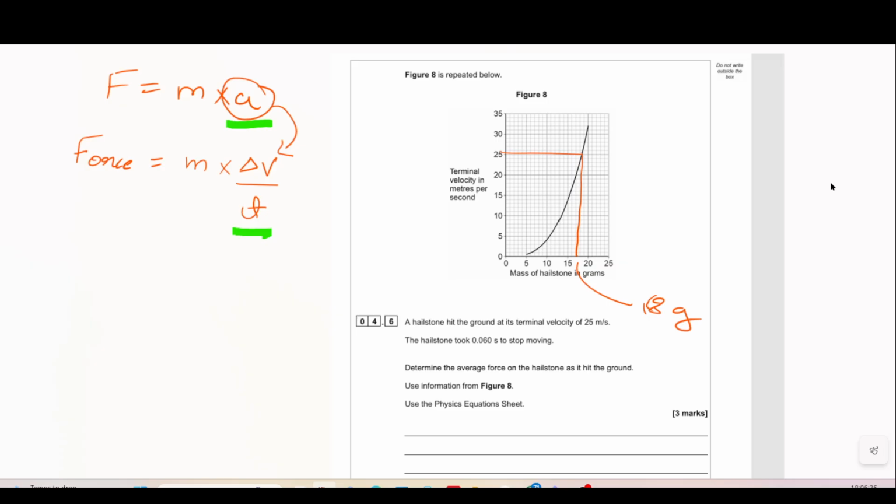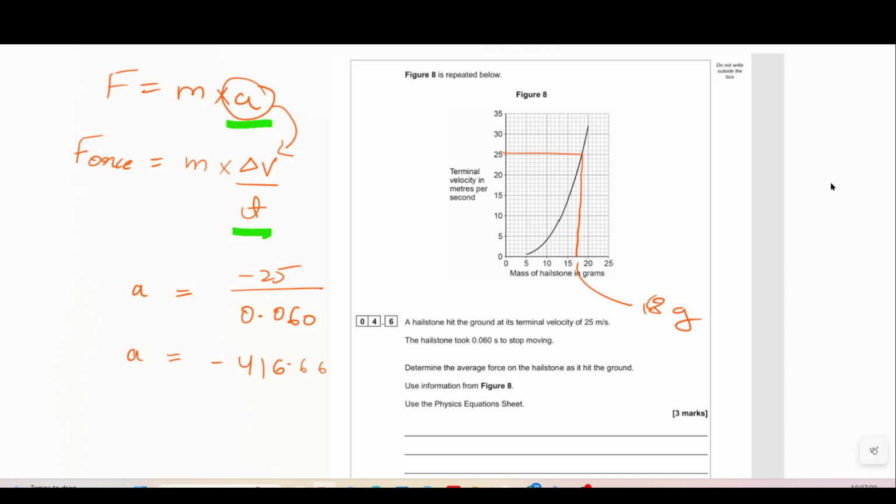Good. Minus 25 divided by 0.060 will give you acceleration. That is minus 416.66.